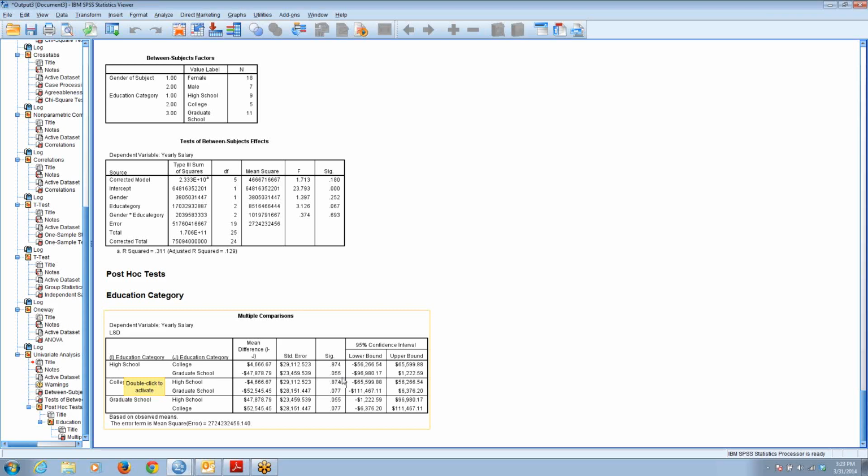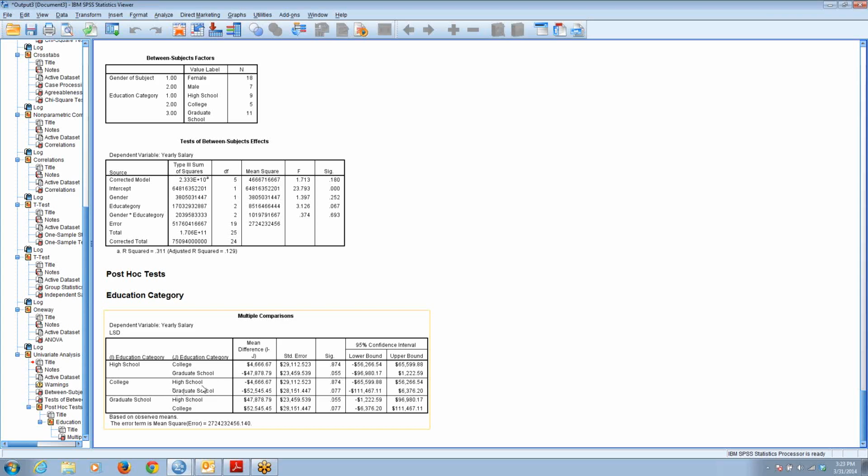So remember, we're looking for 0.05 or lower. Now this kind of makes sense, right? People who finish graduate school really should be earning more than people who don't even go to college, and that's sort of playing out there, but not in a significant way, but close to significance.